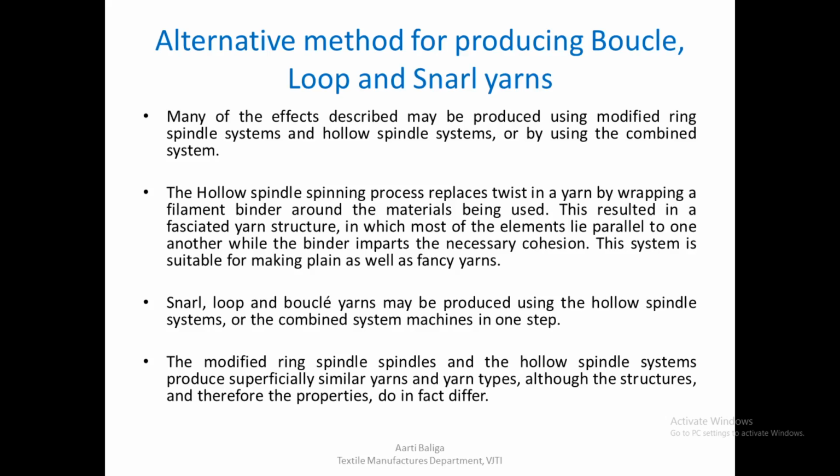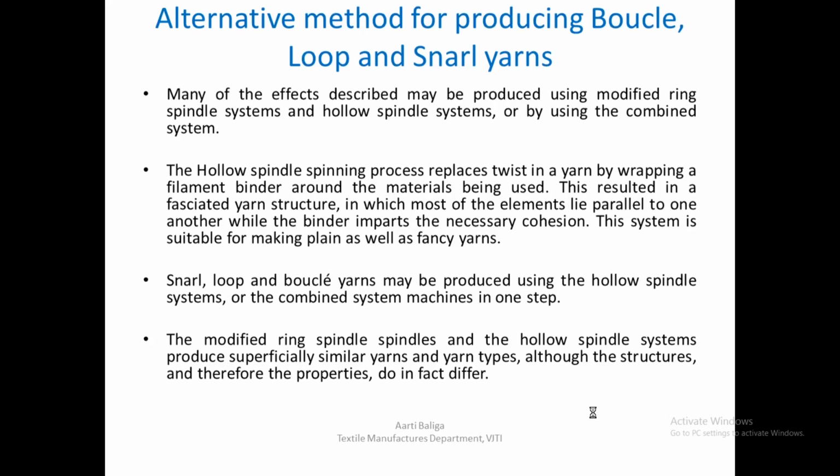Superficially they will look similar by both these methods, but the structure will differ, and therefore the properties will also be different in the yarns produced by the earlier plying technique or by the hollow spindle system. So let us first understand how we can make the fancy yarns on a hollow spindle system, and then we shall also go into the details of how these structures are going to be different.